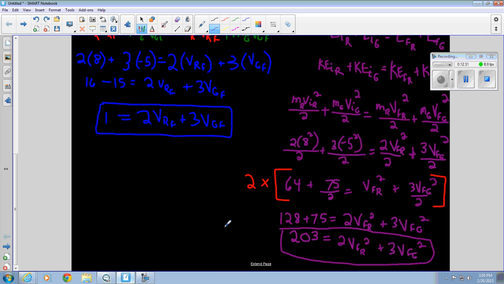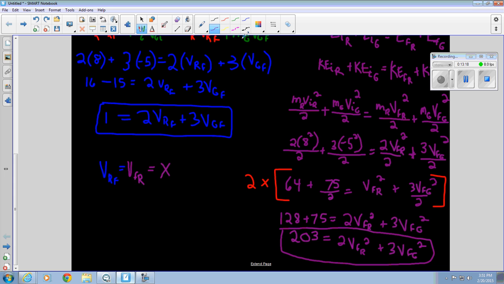So we need to combine these two equations, and I'm tired of writing all the subscript letters. So what I like to do in the next step is say V RF, which is the same as VFR, let's make them equal to the letter X. I just switched the way I lettered them.